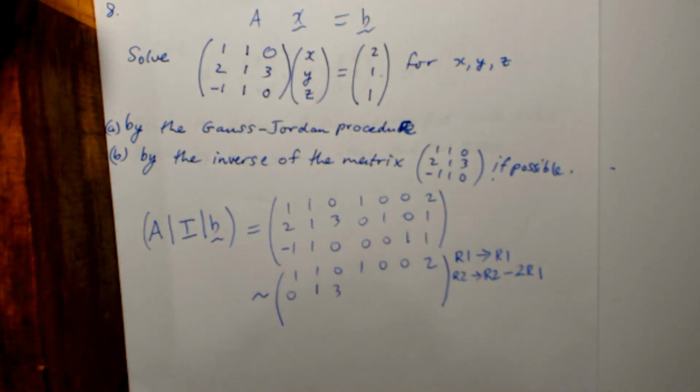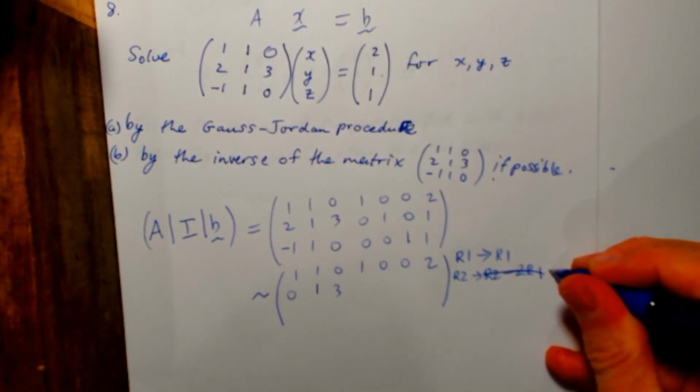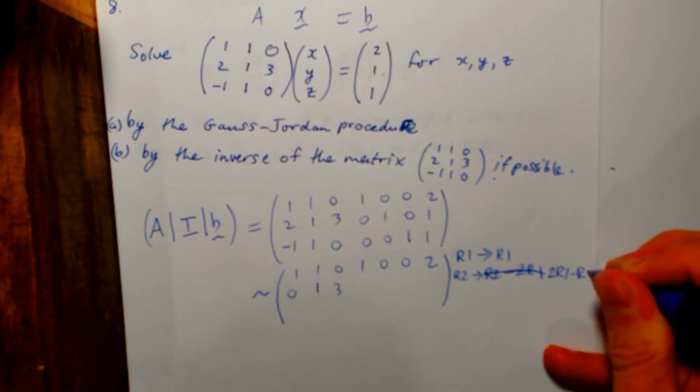Oh, hang on, is that right? Minus 3, yeah. So what I want to do, row 2 minus, yeah, so no, let's go the other way around, which would be 2 row 1 minus row 2.